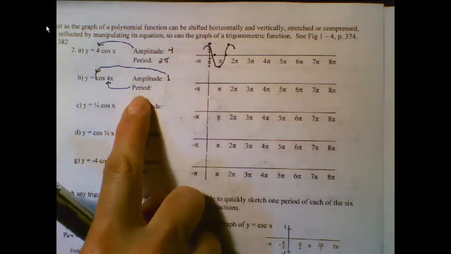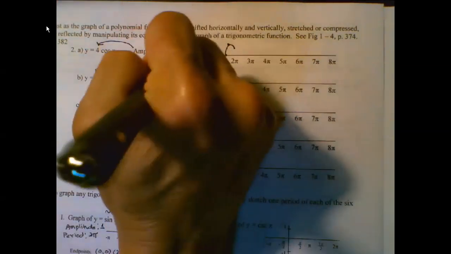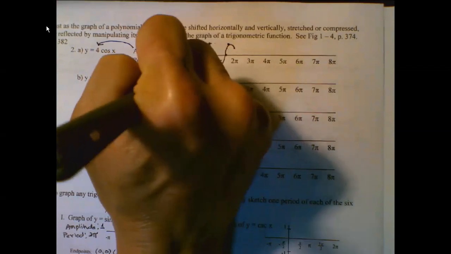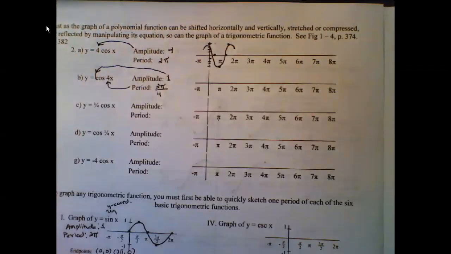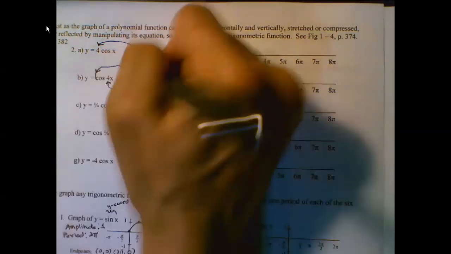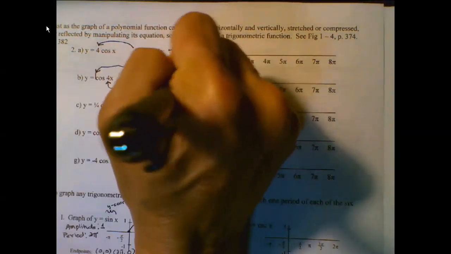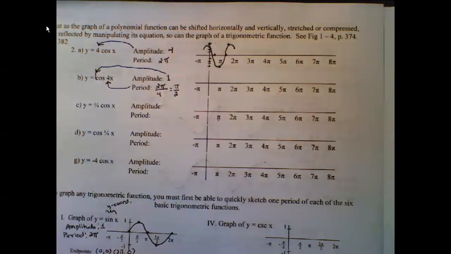But to find the period, you take the normal period and divide it by the coefficient of x. This graph, instead of having a period of 2 pi, it's only going to have a period of a half pi.